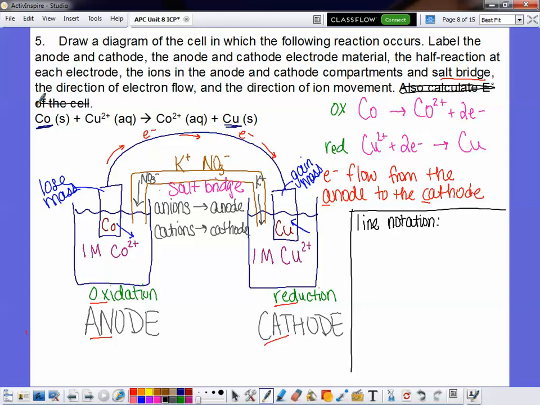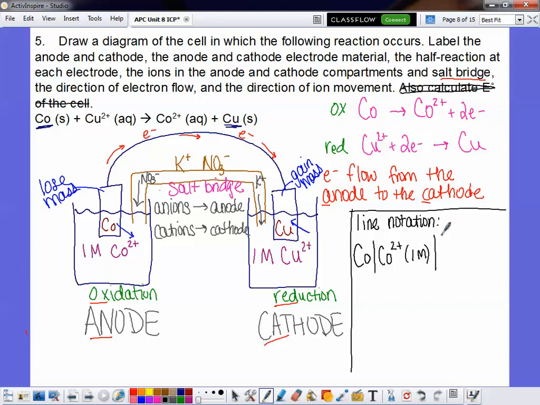So our line notation, it's always going to be the anode's metal, or the material, and then there's a line that separates the anode from the anode's ion, and you always put the concentration.